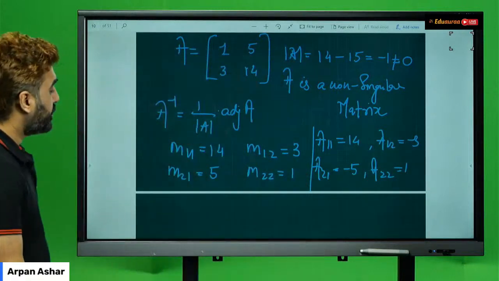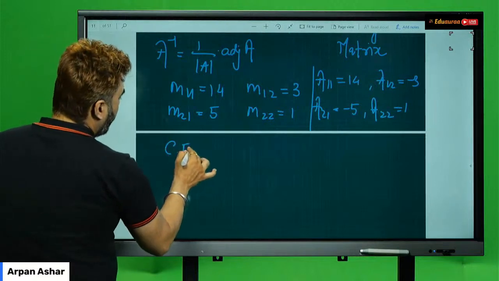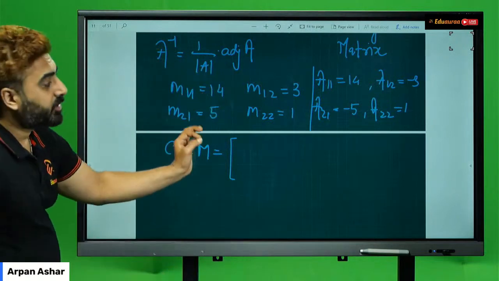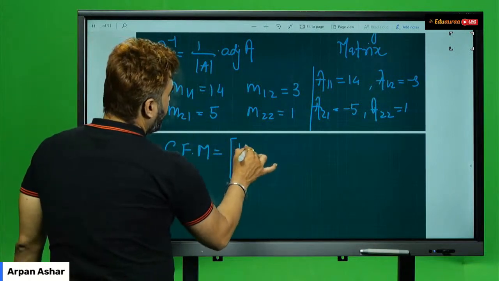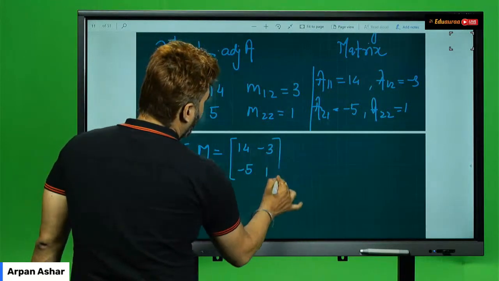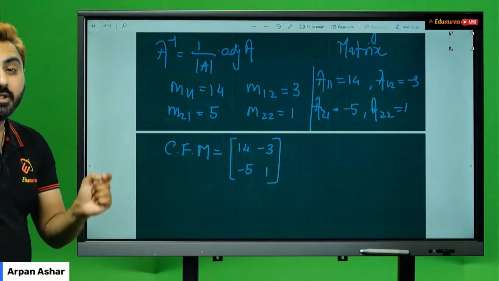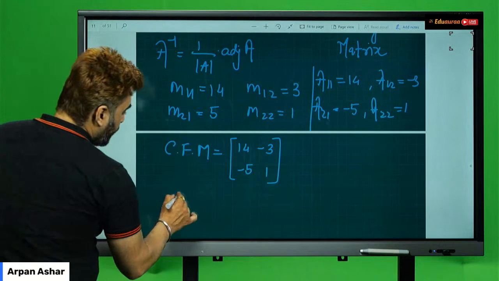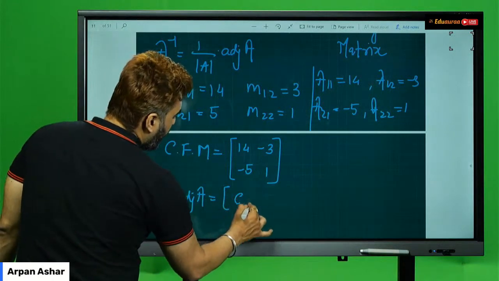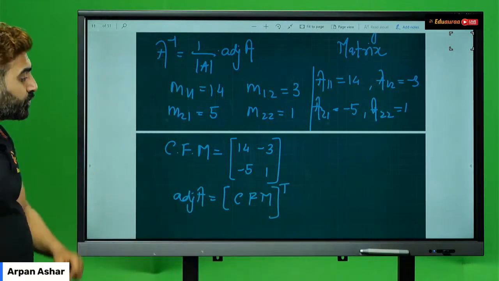Once you find cofactors, write it in a matrix form. So cofactor matrix is equal to, write these cofactors in a matrix form. So this will be 14, -3, -5 and 1. Once you form a cofactor matrix, find transpose of that, because adjoint of A is nothing but cofactor matrix का transpose.